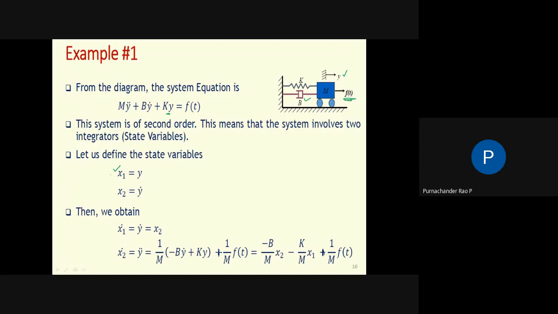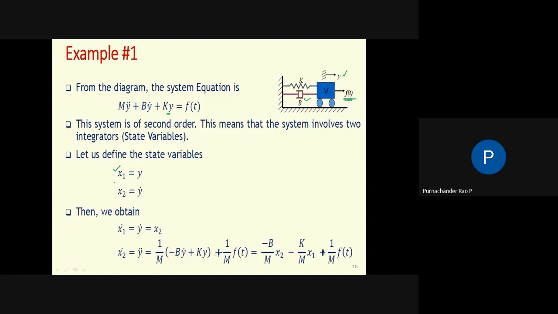Then after getting the two state variables, the next step is to find out x1 dash and also x2 dash. Whenever you are writing the state space equations, first of all you have to consider the state variables x1 and x2. So here we are assuming that x1 is equal to y and x2 is equal to y dash.